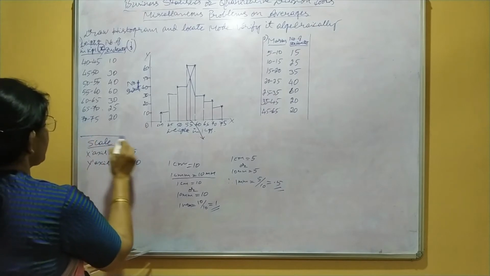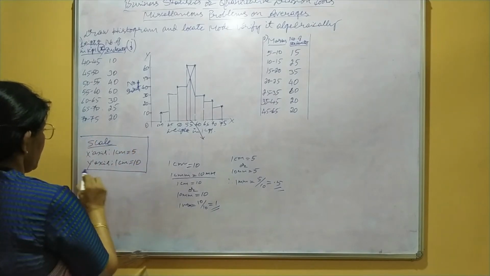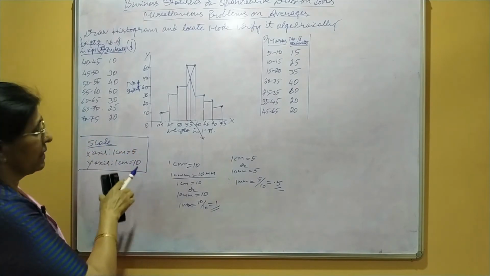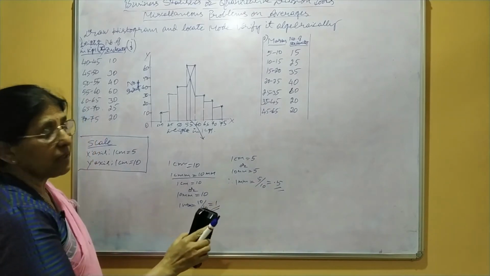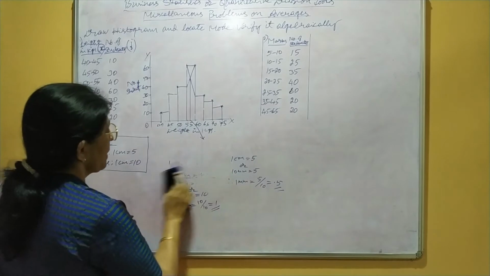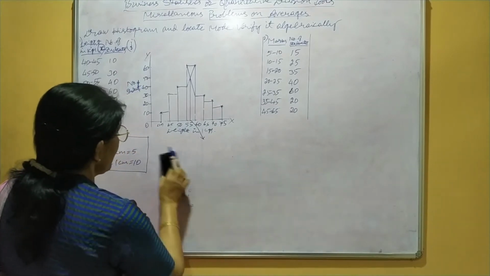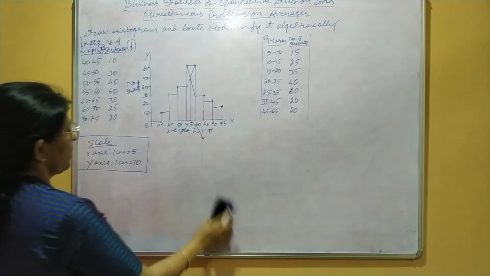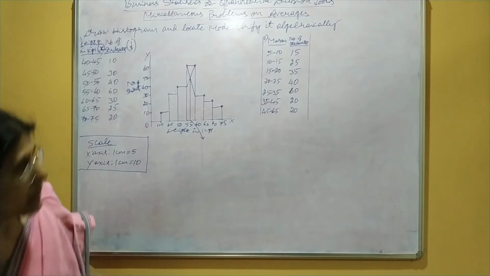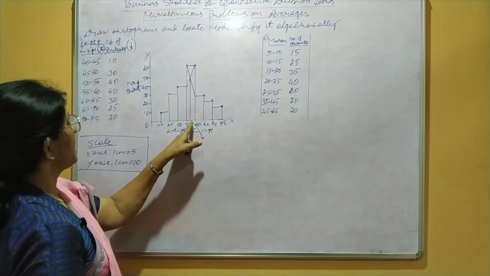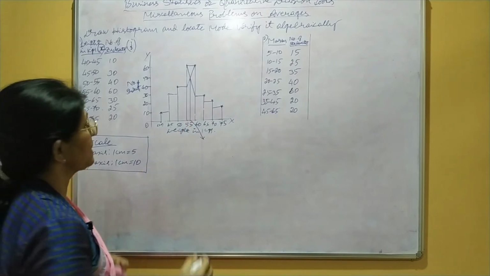On the graph sheet you have to note this scale also, and this one is only for your reference. Now with the help of the algebraic formula, let us calculate the mode. Here I can give the answer approximately.